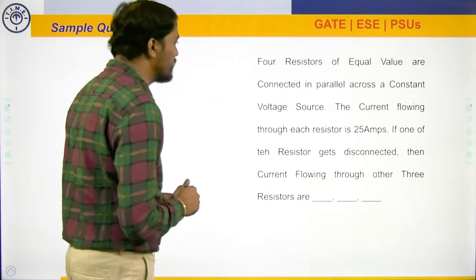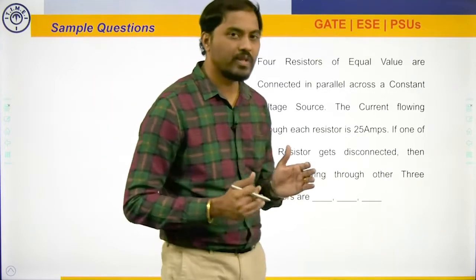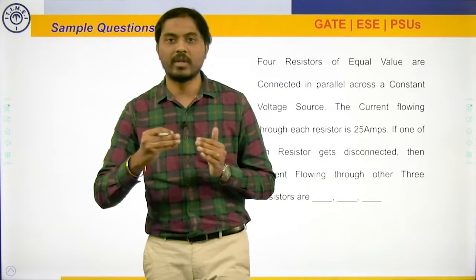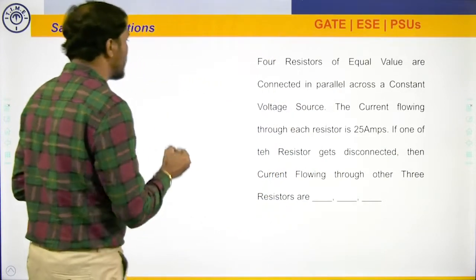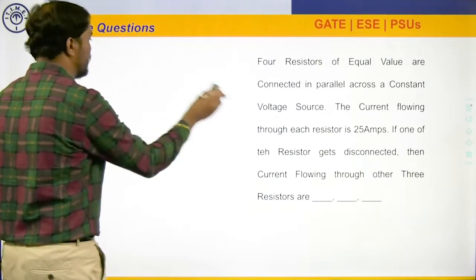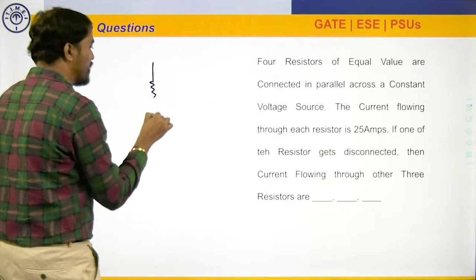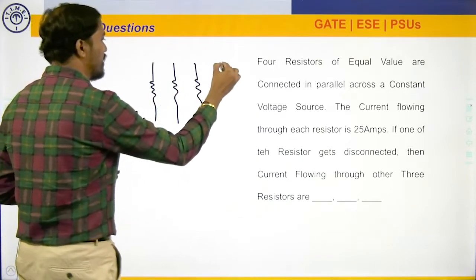Whenever a question related to any circuit is given in the form of sentences, please convert those sentences into a circuit. He is saying four resistors of equal value. So, let me take four resistors, resistor 1, 2, 3 and 4.